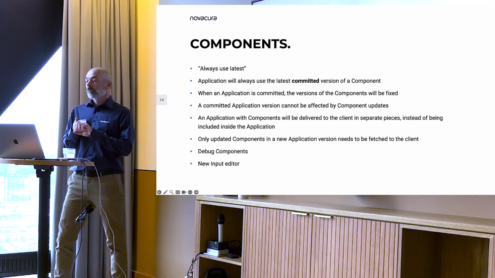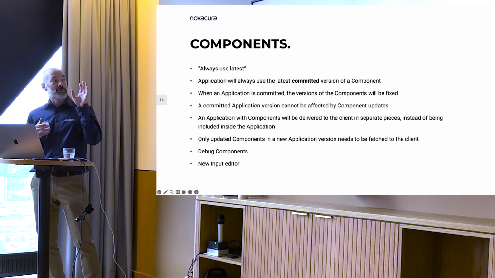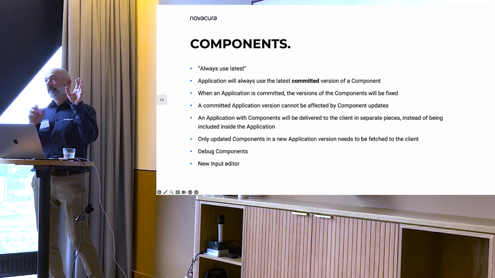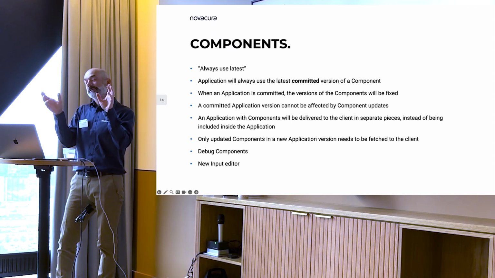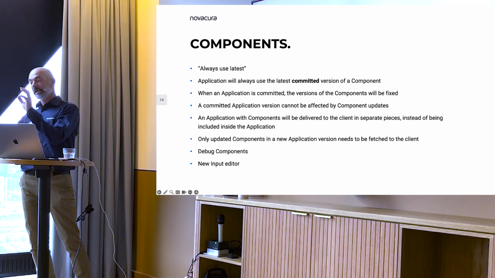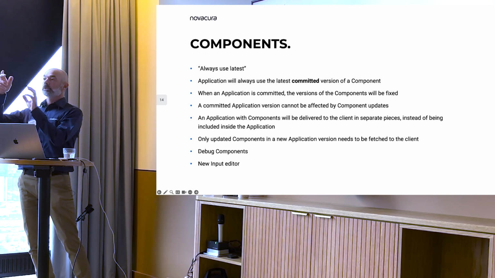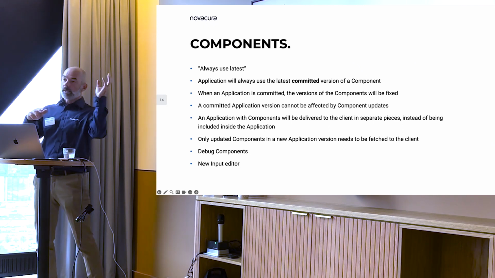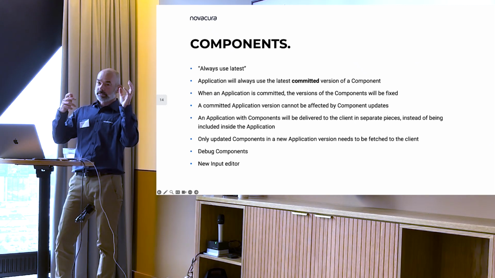what it means is that if I have an application and that application uses component A, which in turn uses component B, and we update component B, we just need to commit that component, and we don't need to do any changes in component A or in the application to start testing this new version of the component.